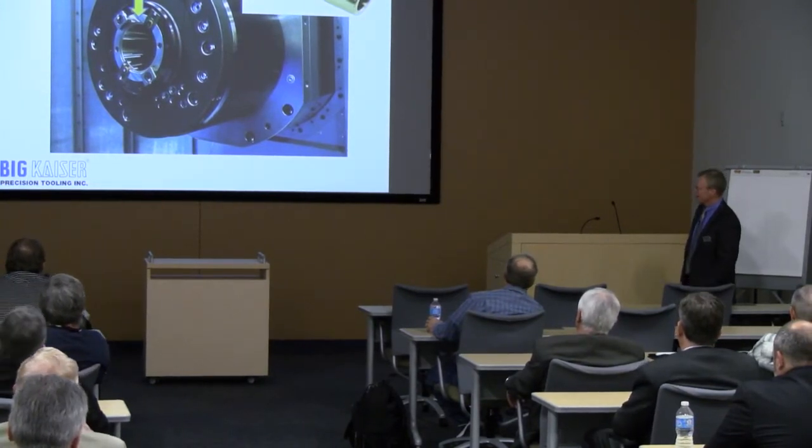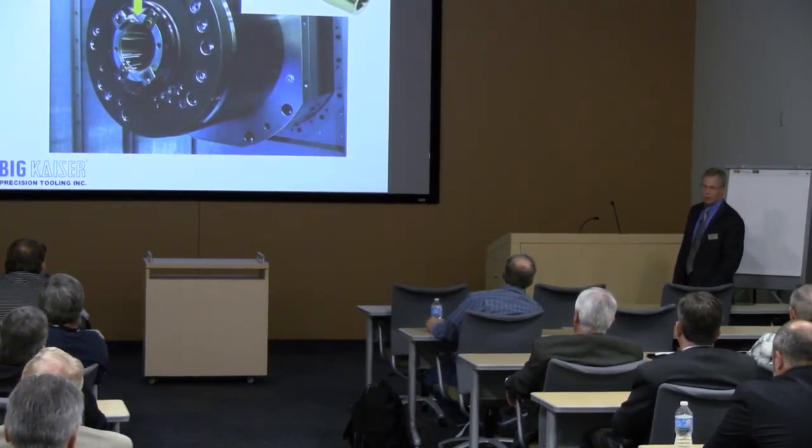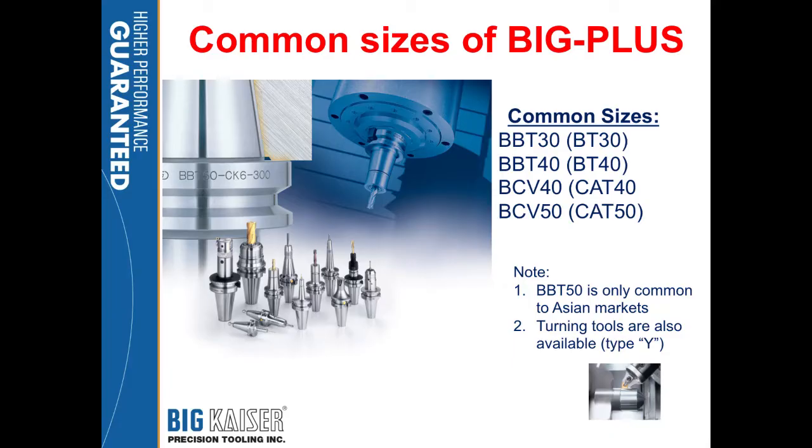Worldwide, this standard has been in practice for the most part 20 years. And it's working successfully with thousands of tools and thousands of spindles everywhere. So it's not a new standard. What are the common sizes for Big Plus in our market? We just talked about the US market. The BBT or BT30 is very common.